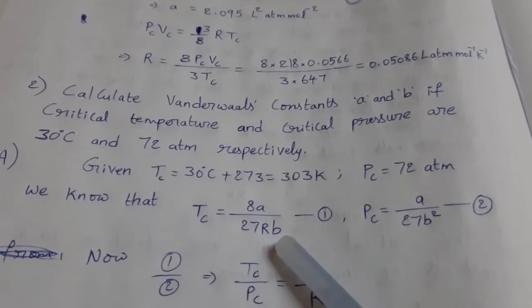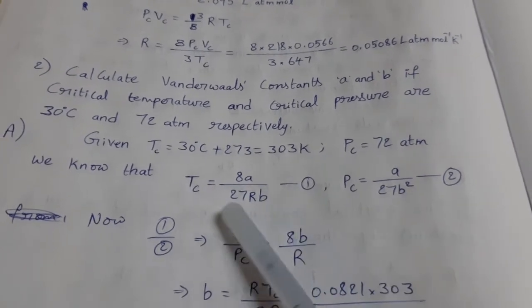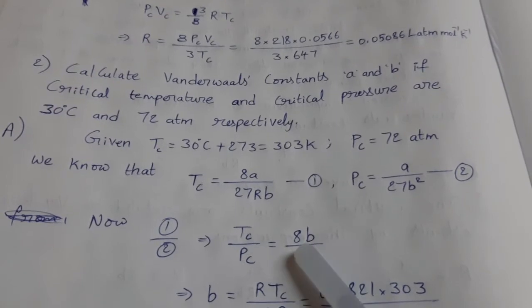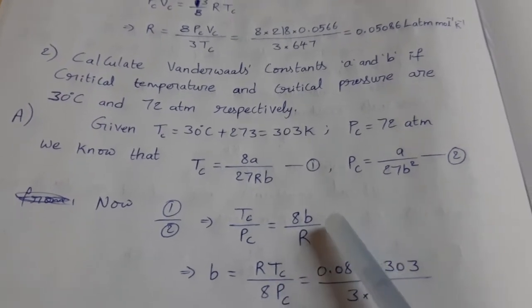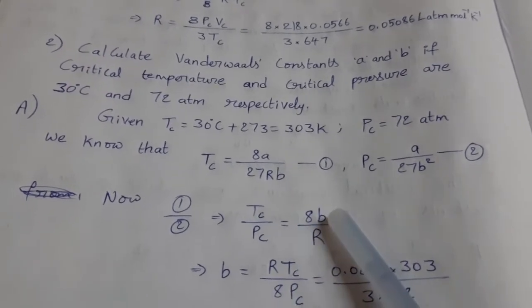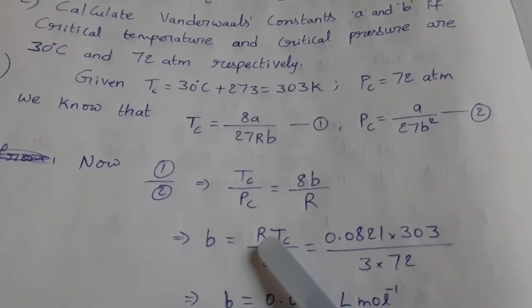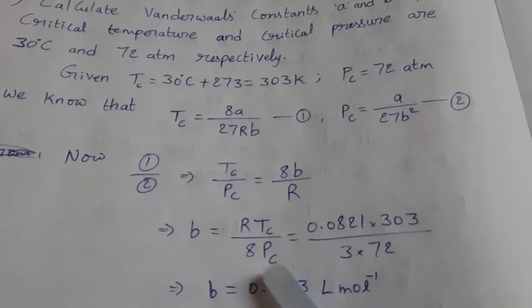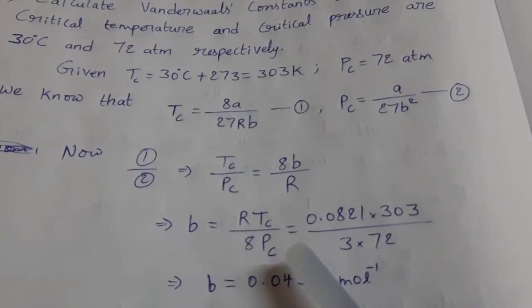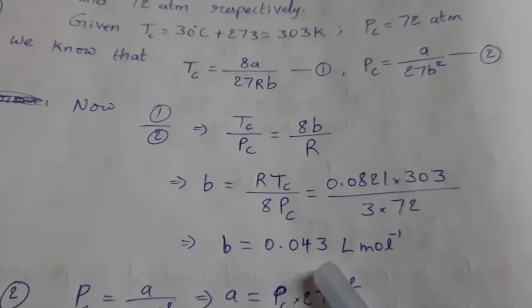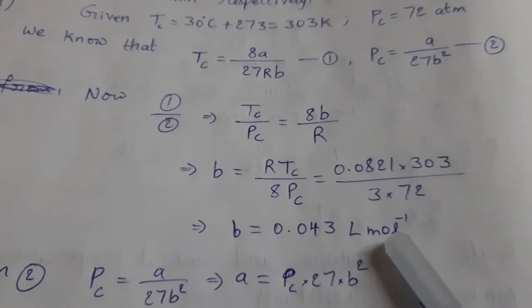Let it be 1, let it be 2, then 1 by 2, that implies Tc by Pc equal to 8b by R. We need to calculate b value. That's why suitable formula is b equal to RTc by 8Pc. Substitute the values, we can get b, that is 0.043 liter mole inverse.